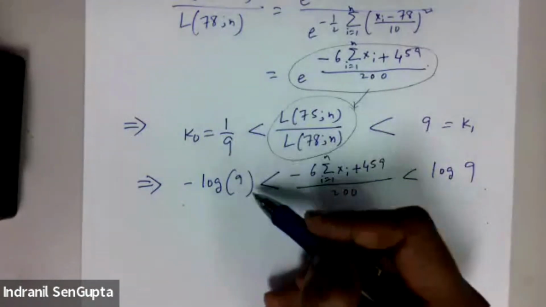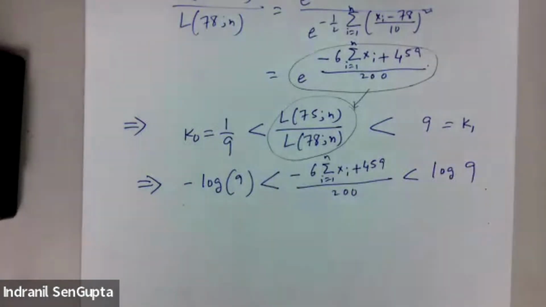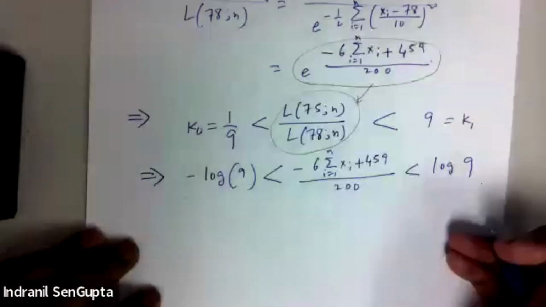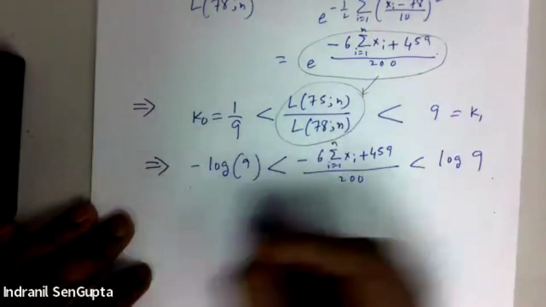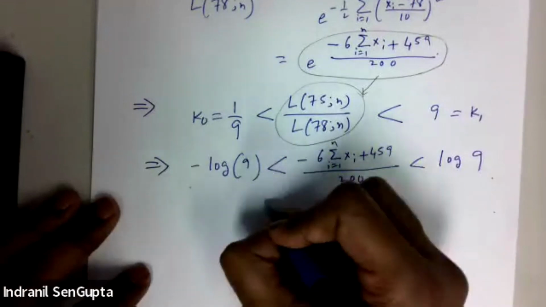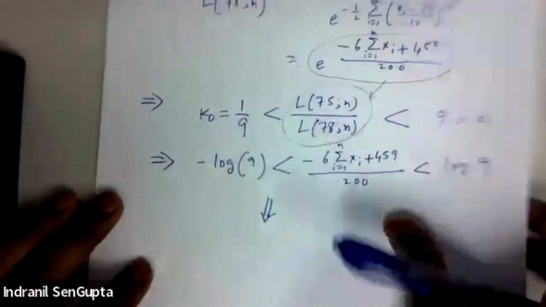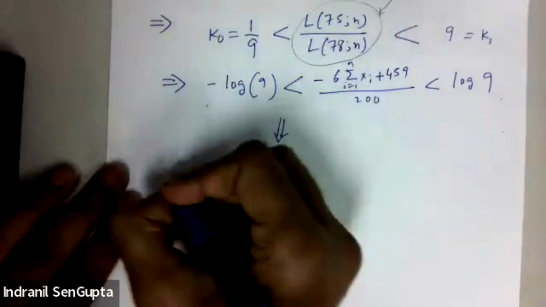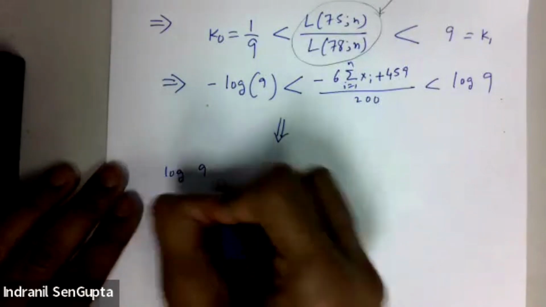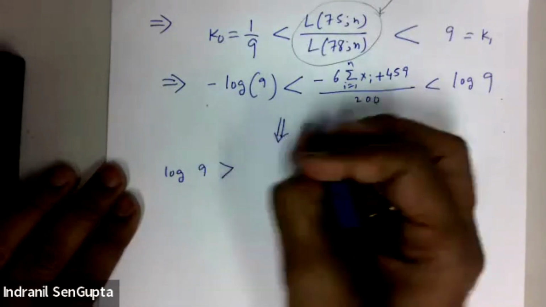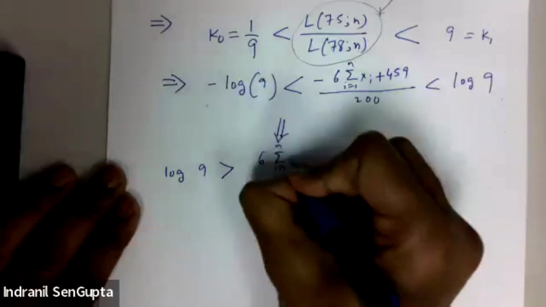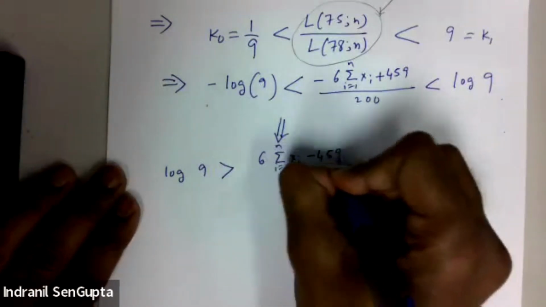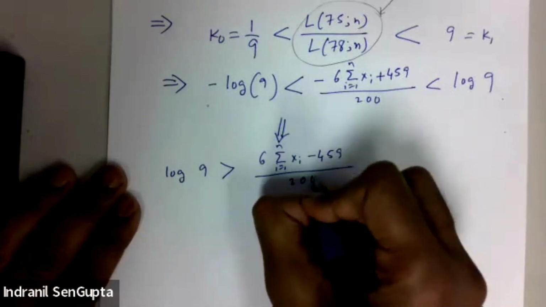Log of 1 over 9 is negative log of 9. So now, if I simplify the left side, log of 9 is bigger than 6 summation i from 1 to n xi minus 459 over 200.